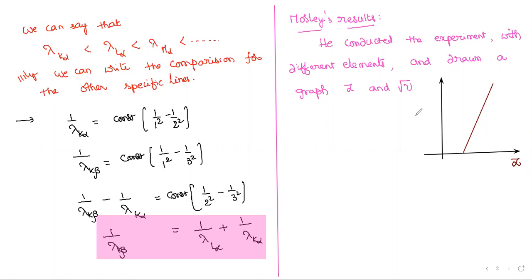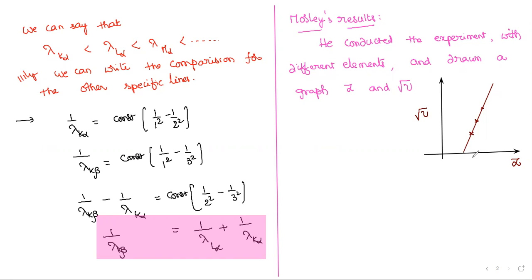Here this is root nu, and it doesn't mean it starts from 0. He got root nu for different elements: this is root nu for one particular Z, this for some other Z, and this for another Z. So Z here does not start from the origin, the x coordinate does not start from 0, and root nu also does not start from 0.